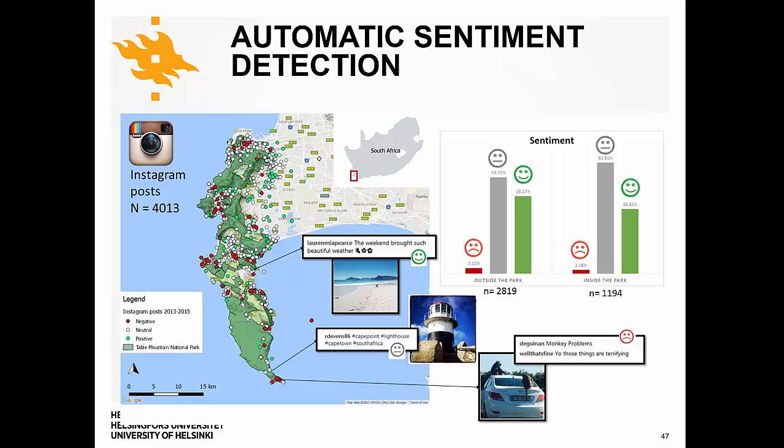Another case where it could be used very well in conservation science is, of course, when there is a conservation action being made or something negative happening, so what are the sentiments of people in relation to those events? And then if automated sentiment analysis is somehow functional, one could understand what the positives and negatives are, and for example, what their spatial distribution is, where people are upset about something.